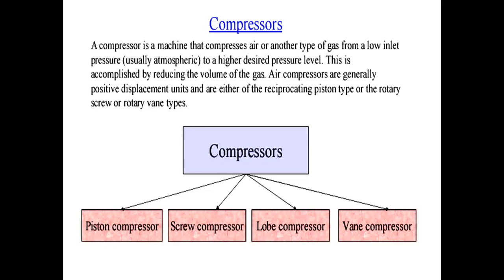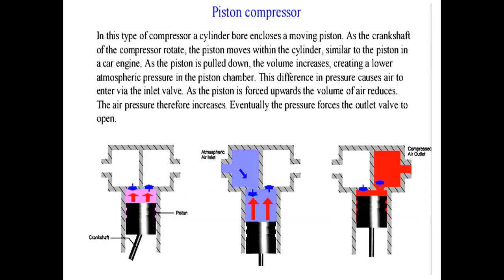So here we can see compressor and types of compressor: piston compressor, screw compressor, lobe compressor, and vane compressor. Piston compressor. In this type of compressor, a cylinder bore encloses a moving piston.